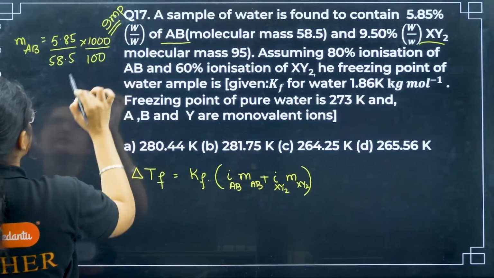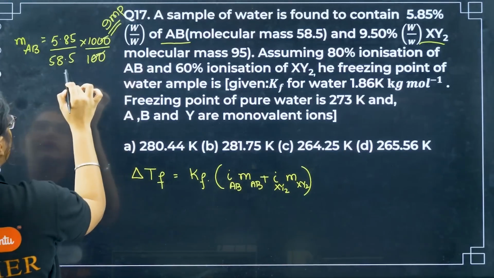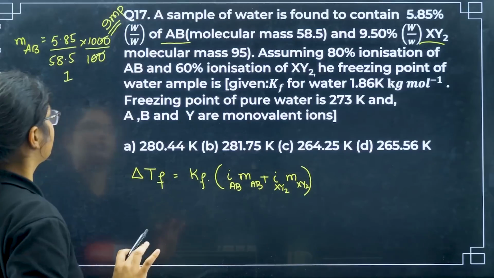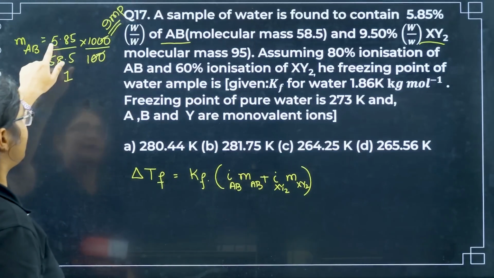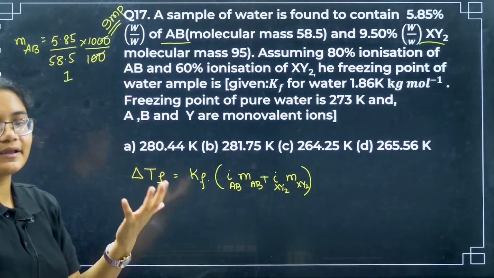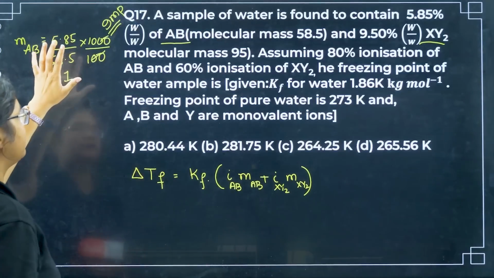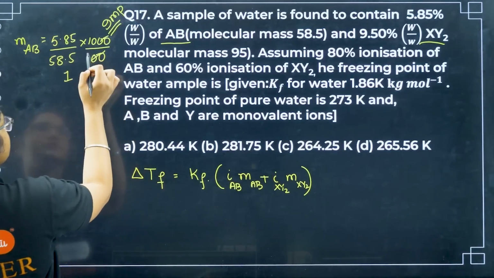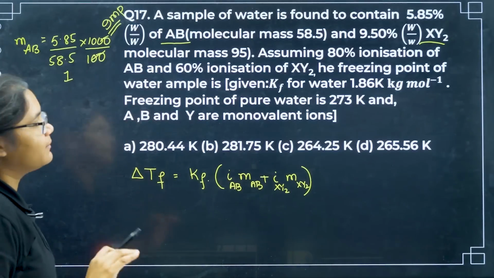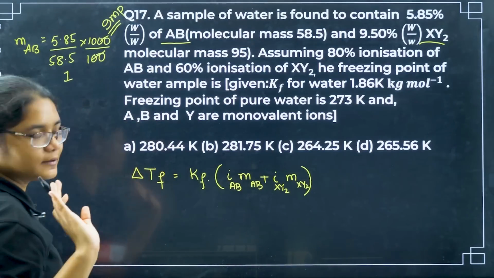So now I'll get molality as 1. You can subtract 100 minus 5.85, but that will make the calculation a little lengthy, so I'm just putting 100 here. The actual mass of the solution is 95 point something, but for easy calculation I'm taking 100.